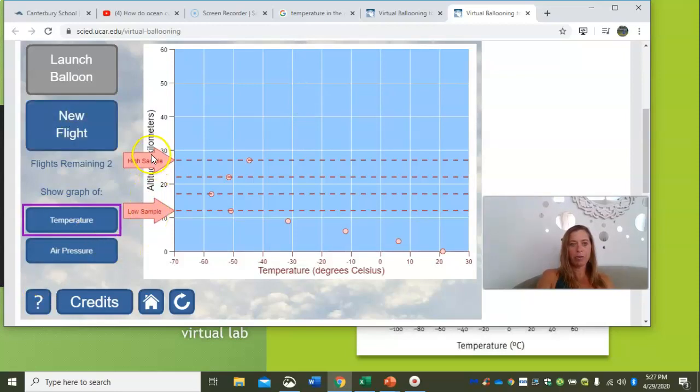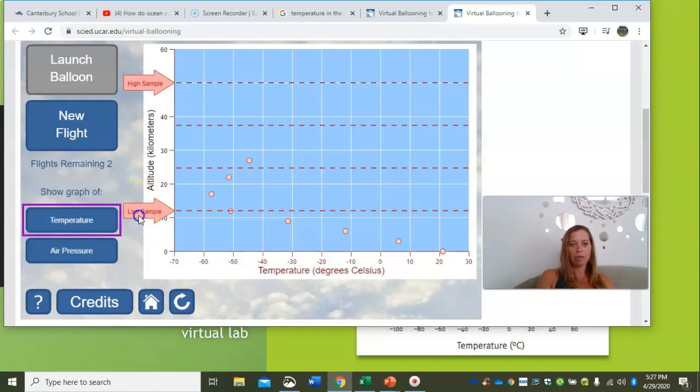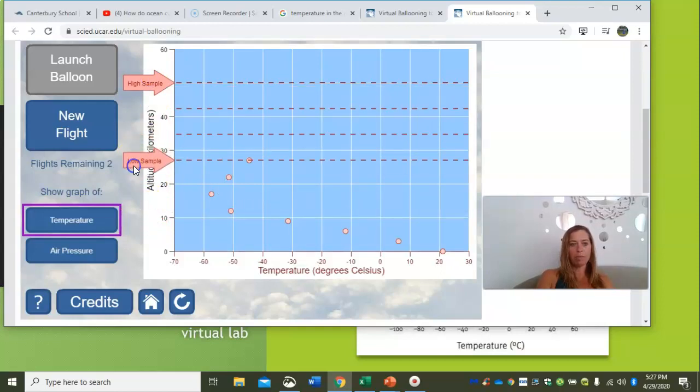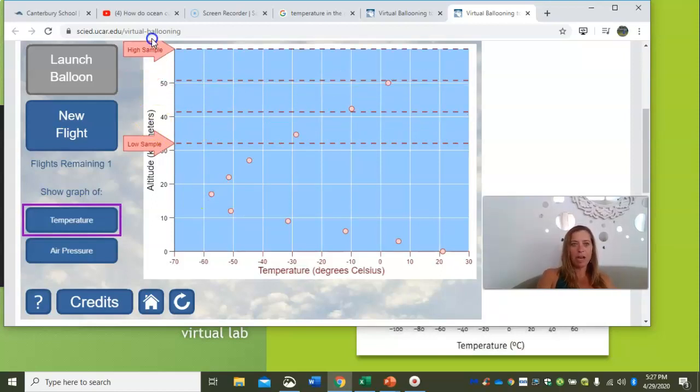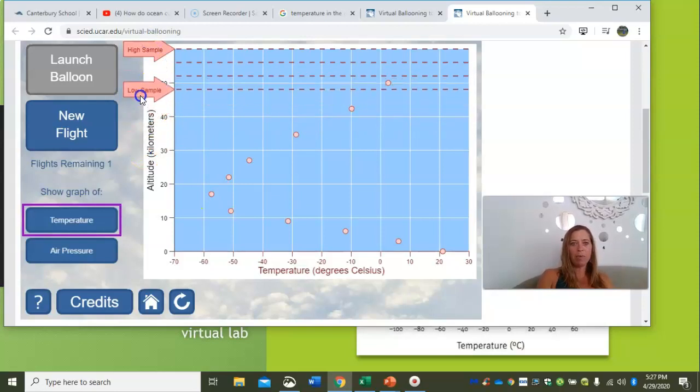So let's move our high sample up, our low sample up, and launch the balloon again. As we expected to see, we've got the decrease in temperature as we are increasing in altitude. And then we're getting to the stratosphere. So then let's see what happens as we continue all the way to the top.